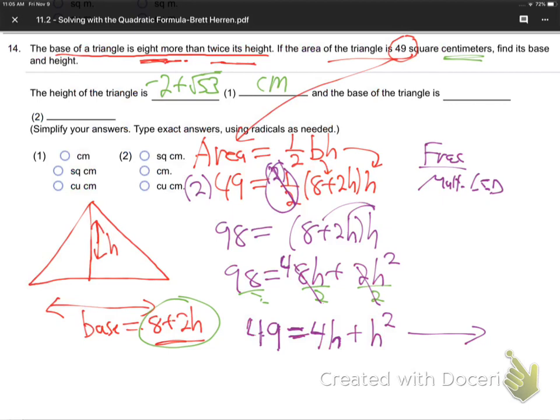So 4 plus 2 root 53. And boy, my pen's just flipping out here.